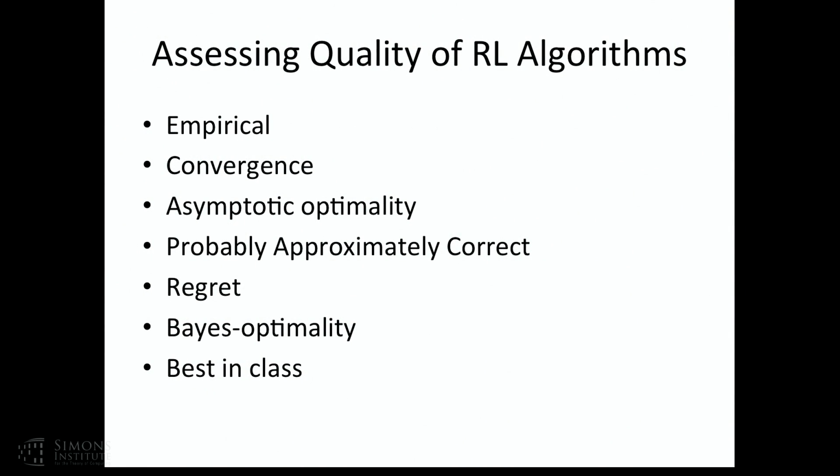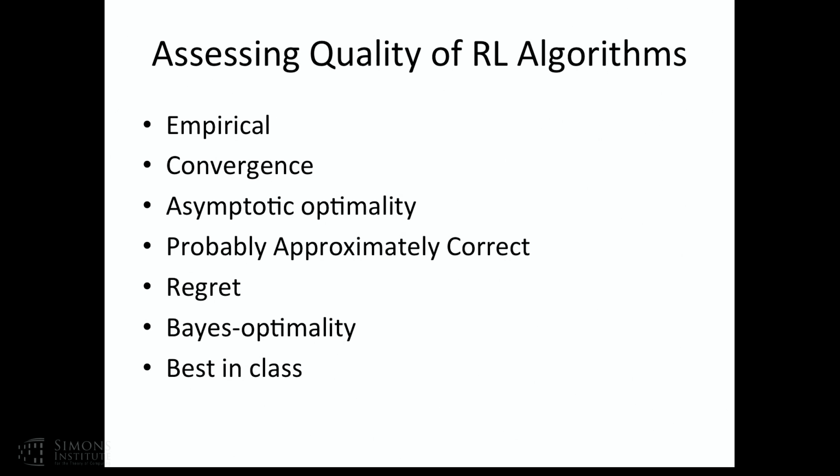Convergence is another very important property. Convergence is just saying, as we do learning over time, are we going to converge to a single estimate of the Q function? So if you keep making decisions in your domain, let's think about reinforcement learning, and you keep gathering reward, eventually is it going to become stable?